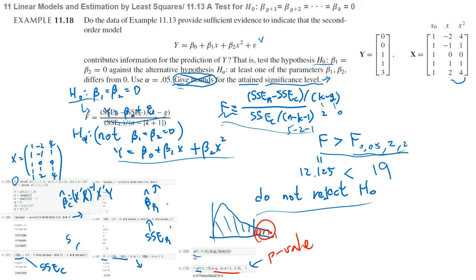Our p-value in this case is 0.0779, which is larger than 0.05. And so that's why we cannot reject the null hypothesis. Okay.